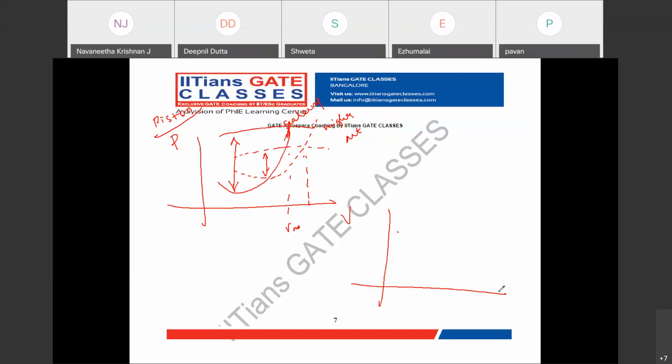I'll draw this curve again. Power versus velocity. This is my power required and power available at sea level. As altitude increases, my power required increases and shifts right. As altitude increases, my power available decreases, thereby it goes like this.